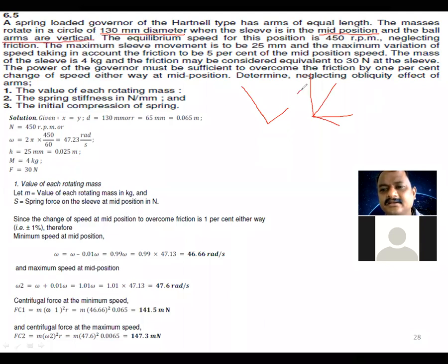That is x equal to y, that is one condition. Another condition is x1 equal to x2 equal to x and y1 equal to y2 equal to y, right? The equilibrium speed for this position is 450 rpm. This is the mean speed N, it is not N1 or N2. It is the mean speed N, 450 rpm.